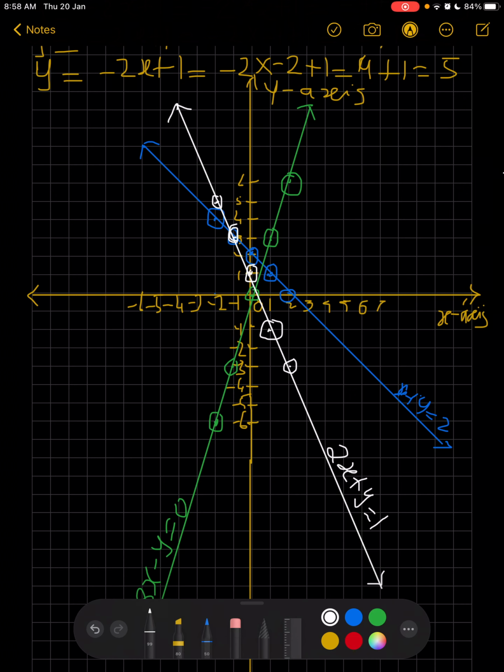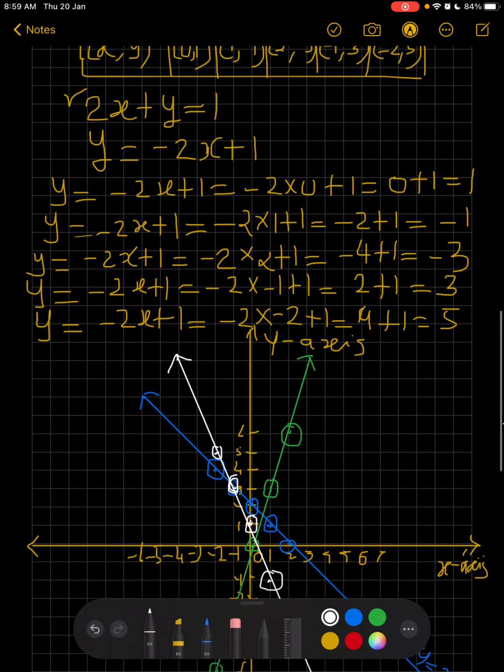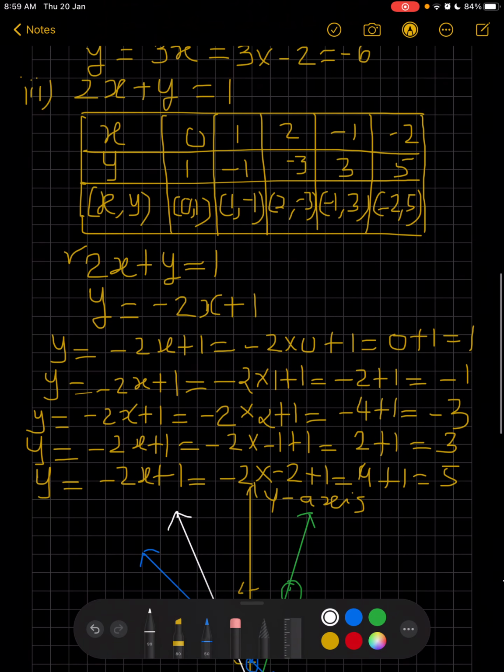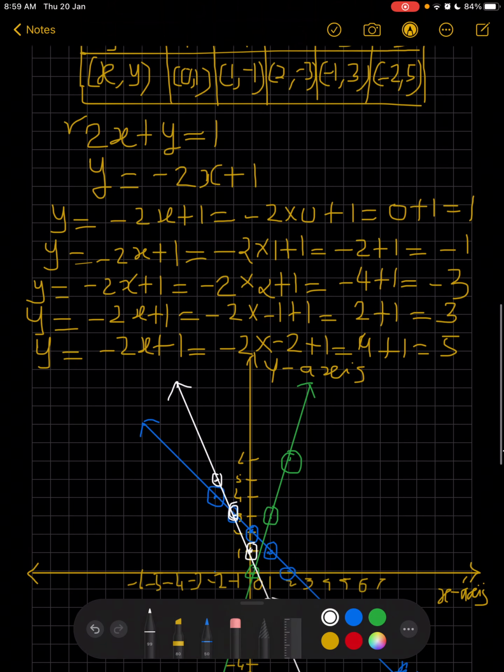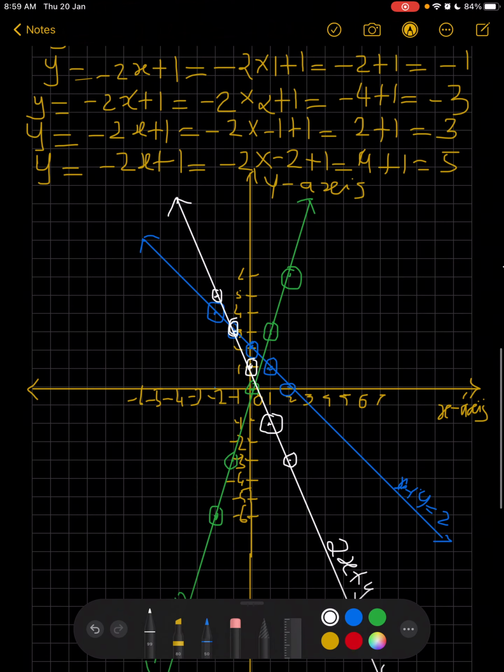How do we have to obtain the points for a given equation? When you have a two variable equation with x and y, non-zero variables, it will require a 5-point table. If you get a one variable equation, it means it is a parallel line graph. There you don't require table work.